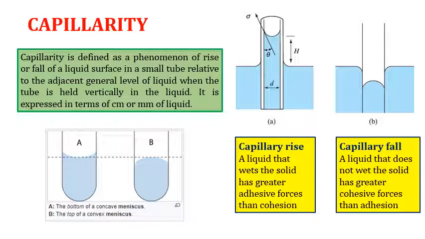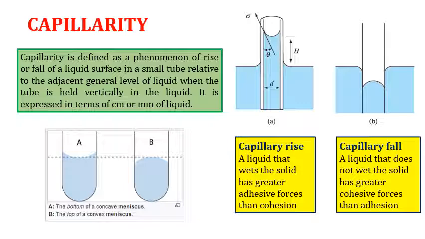For capillary rise, we have a concave meniscus for which we read the bottom of the concave meniscus, while for capillary fall, we read the top of the convex meniscus. Liquids basically have two types of molecular attraction, cohesion and adhesion. Cohesion helps to resist tensile forces, while adhesion tries to adhere to the body.